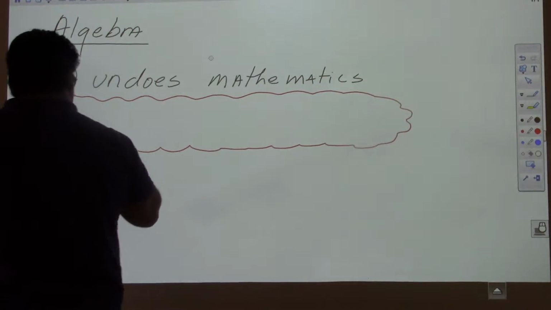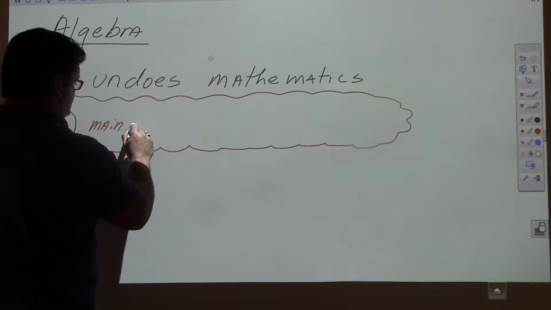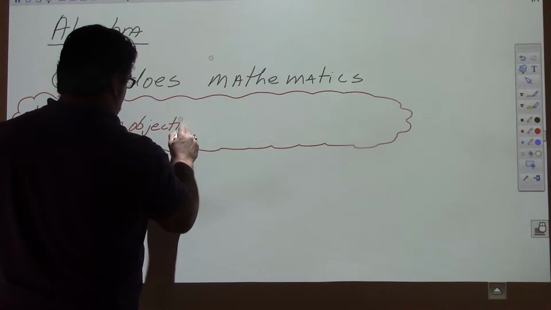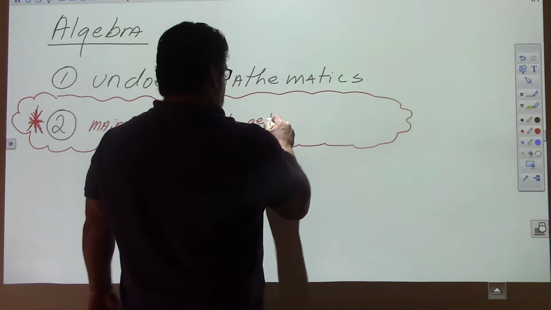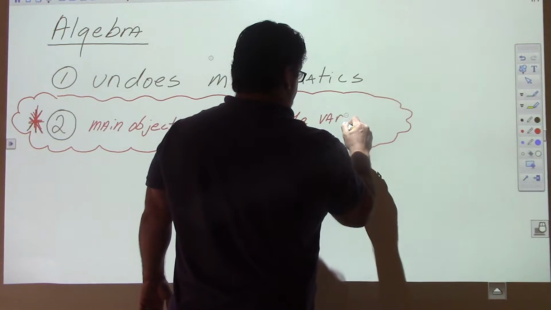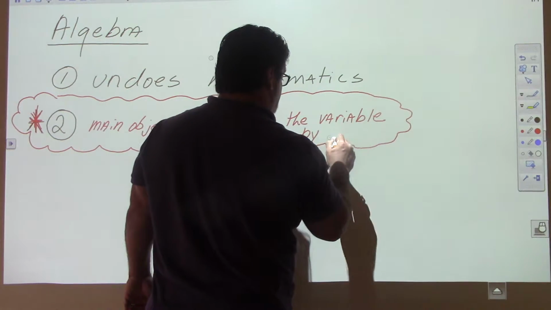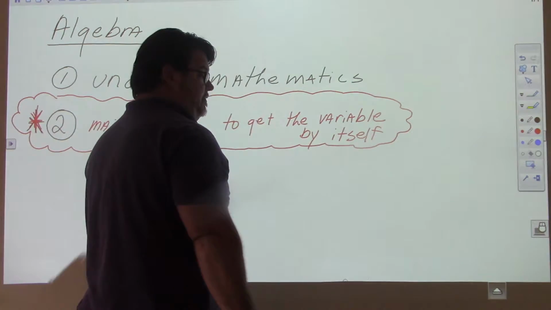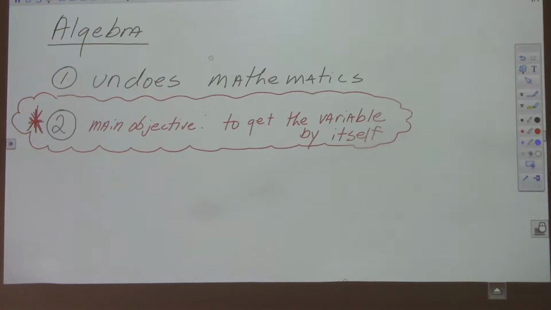Your main objective of algebra is to get the variable, which is the letter, by itself. That's the main objective of algebra. Once you do that, you have done what you need to do.